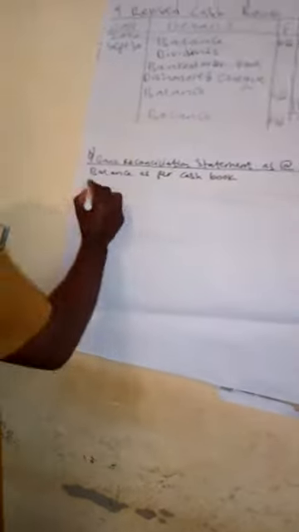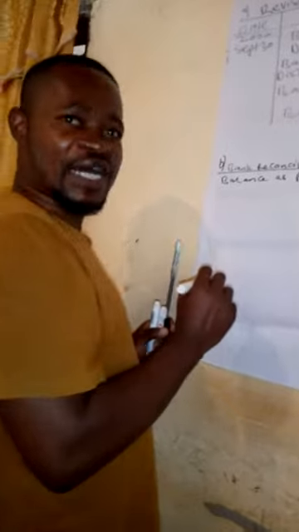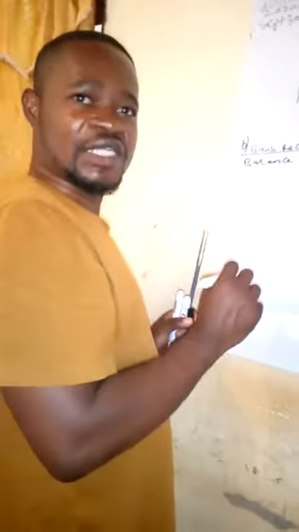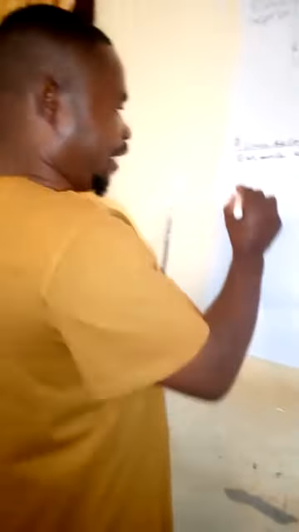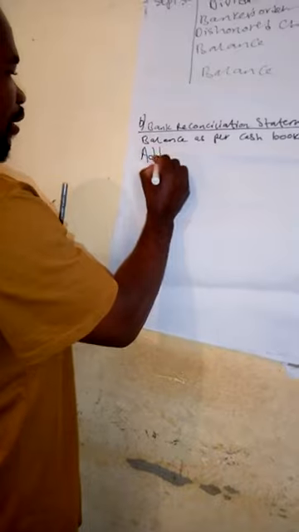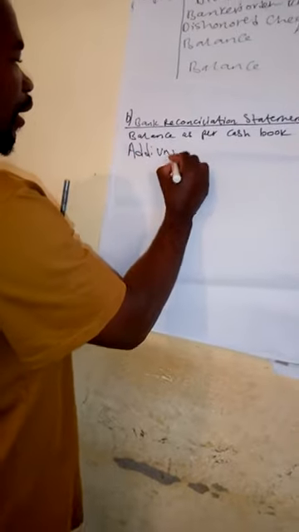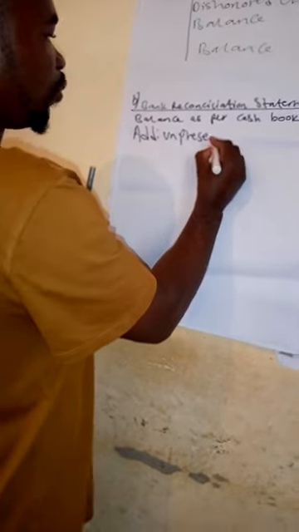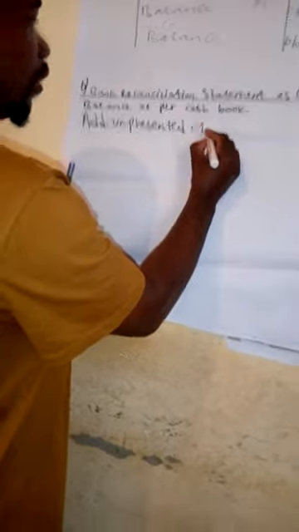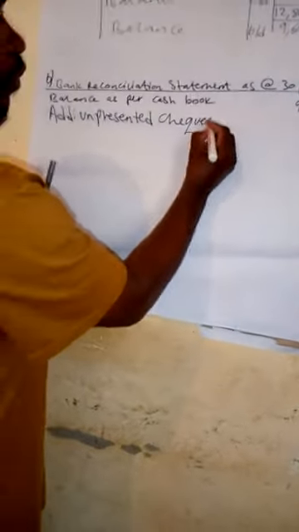So what you do here, you add the unpresented checks. Add unpresented checks. So how are we going to know that these are unpresented checks?